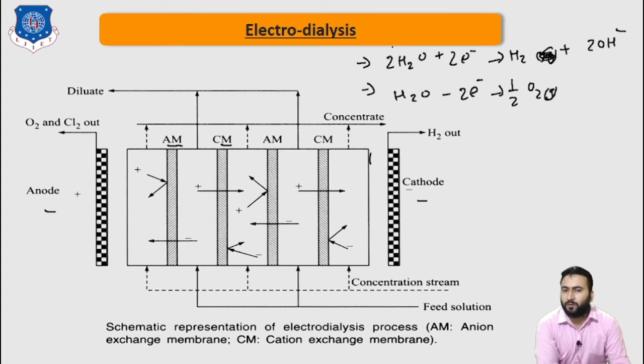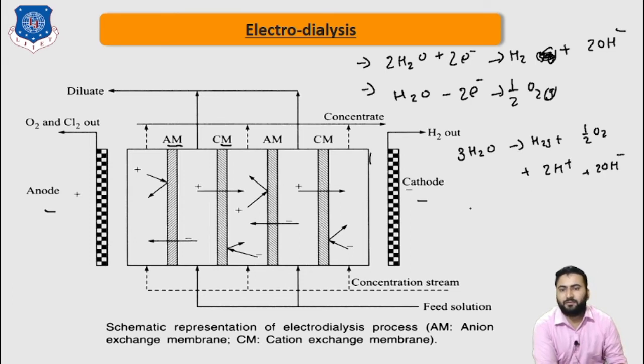The corresponding overall cell reaction is given by 3H2O gives H2 gas plus 1/2 O2 plus 2H plus 2OH minus, right. The anode can be made from the same material as the cathode or from stainless steel. The anode and cathode compartments are separated from the stack by a membrane. These compartments are vented to remove gas.